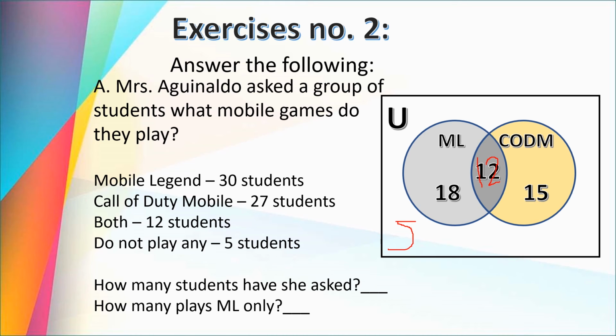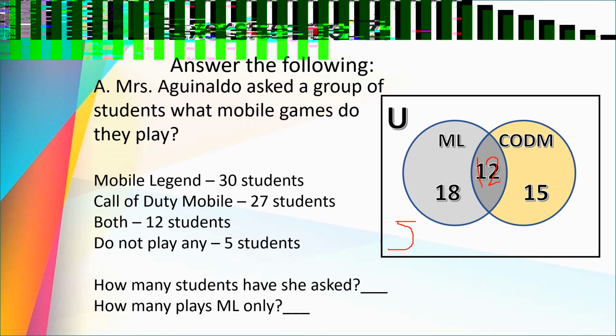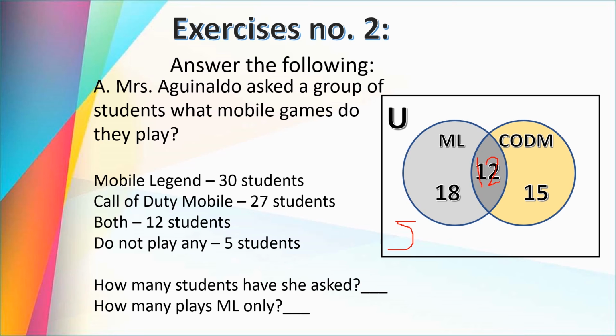Then, Call of Duty. Since 27 students daw ang naglalaro ng Call of Duty, since ang Call of Duty natin, itong circle na to, buong circle na to, at as you can notice, kasama dun dapat si 12 na nilagay na natin kanina. Since meron na tayong 12, so ilan na lang dapat ang ilalagay natin kay Call of Duty? So simply, susubtract lang natin 27.